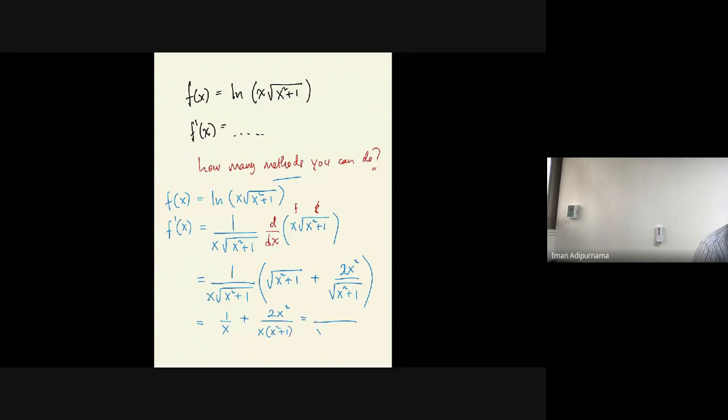You can simplify this. It should be 1 plus x squared.